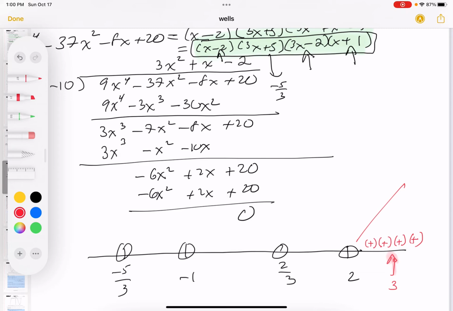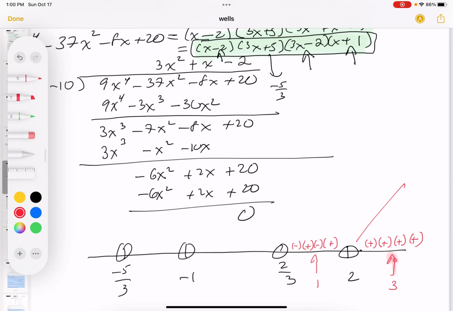All right, I want to pick another value between 2/3 and 2, and I'd pick 1. What would you get? First factor would be negative. Second factor is positive. Third factor is negative. Fourth factor is positive.